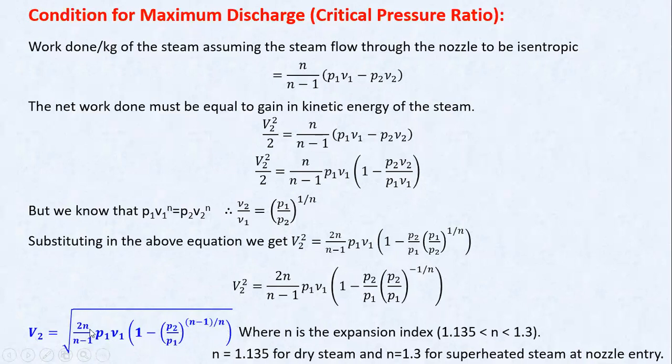This is the expression for the velocity at the exit of the nozzle, where the value of n varies between 1.135 and 1.3. It is 1.135 for dry saturated steam at the nozzle inlet, and 1.3 for superheated steam at the nozzle entry.